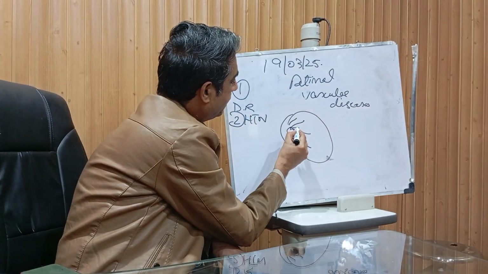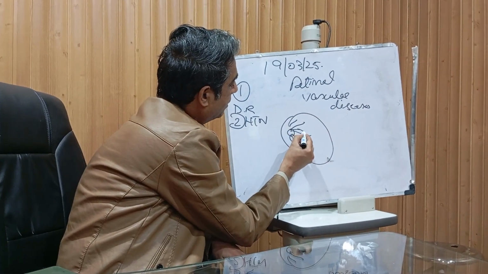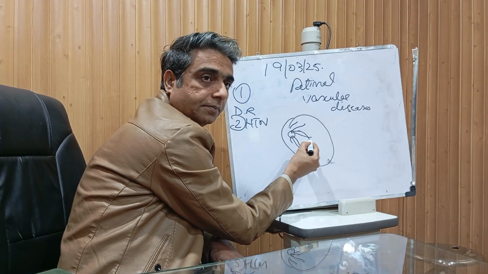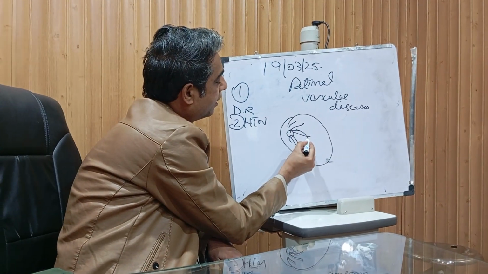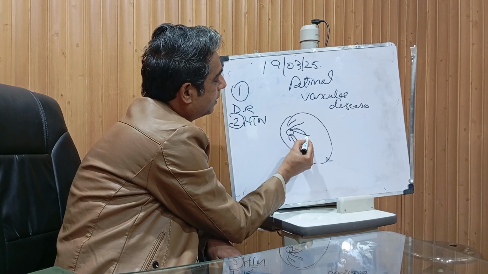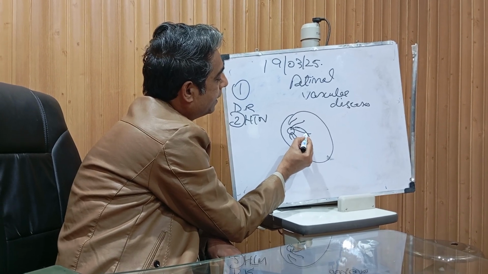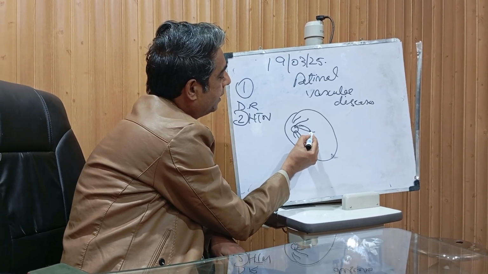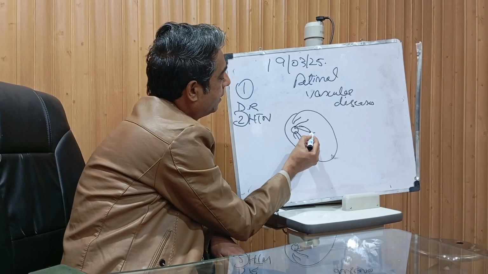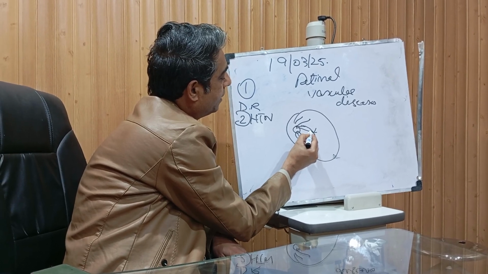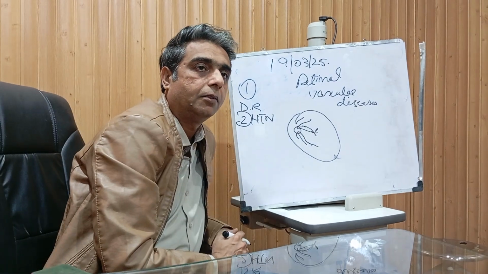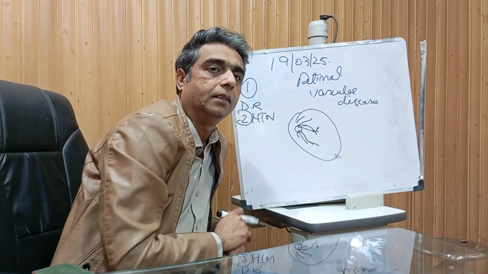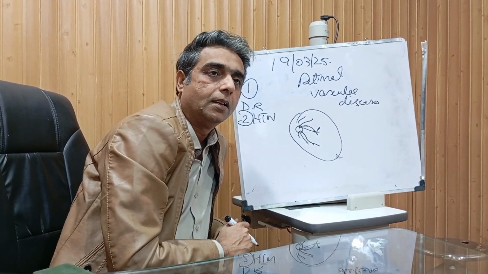So when this artery crosses the veins, because of constriction and some atherosclerosis, it compresses this vein, and this vein, instead of going straight, becomes like this. It is called AV nipping, arteriovenous nipping. It compresses the vein. Do you understand?